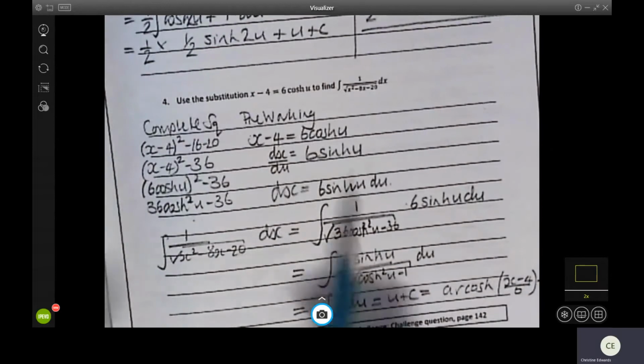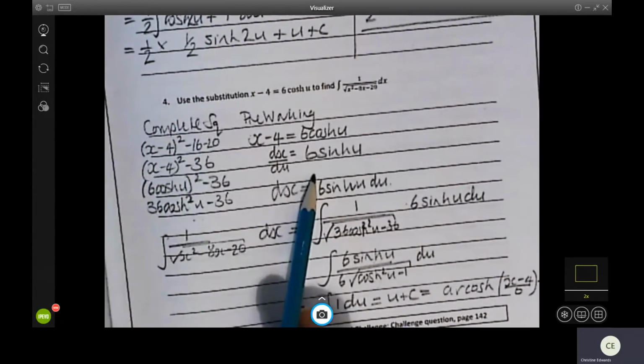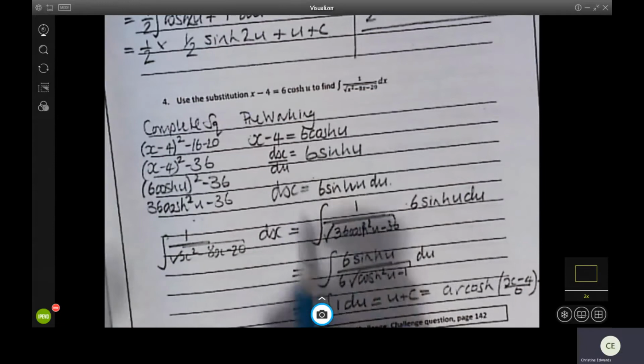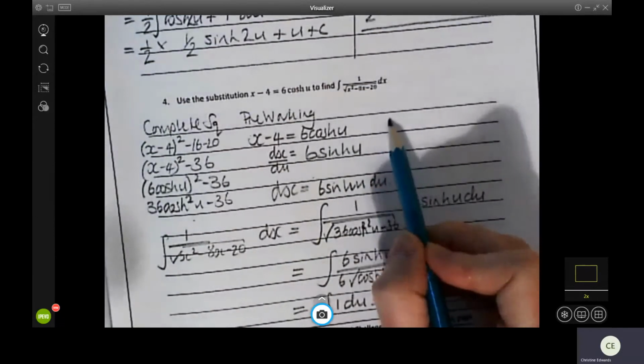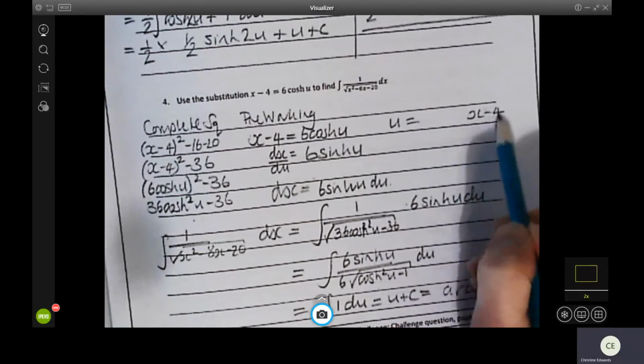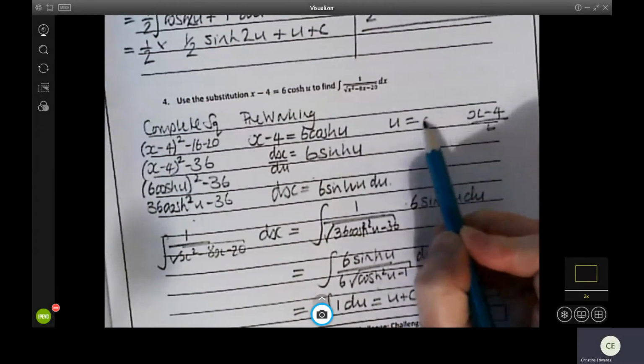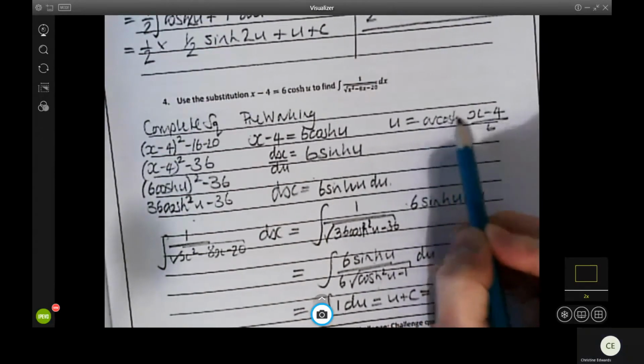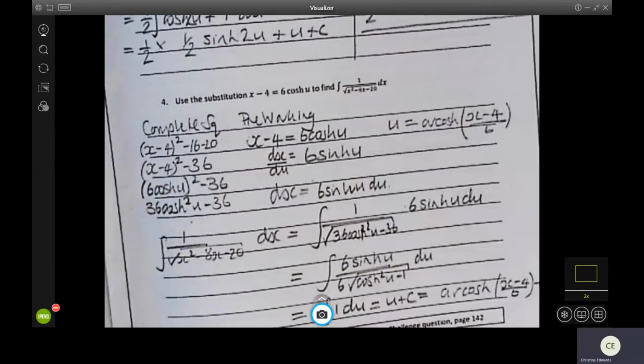I could have added it to the pre-working at the top of the page. So we could have had u equals arccosh of x minus 4 over 6, that expression. Okay, so that's how to complete that question using substitution.